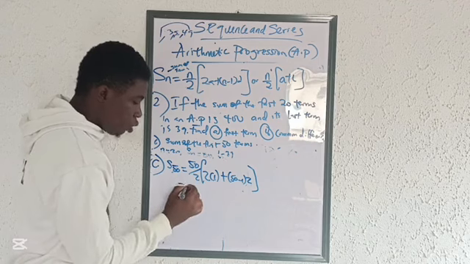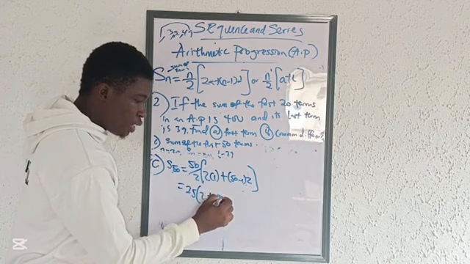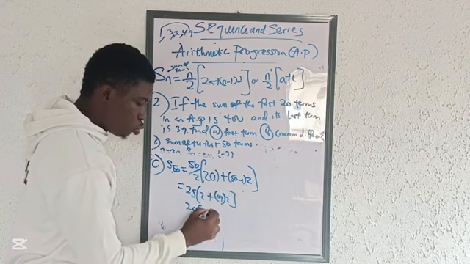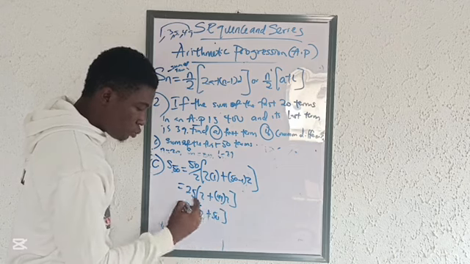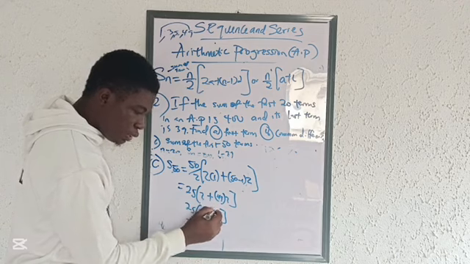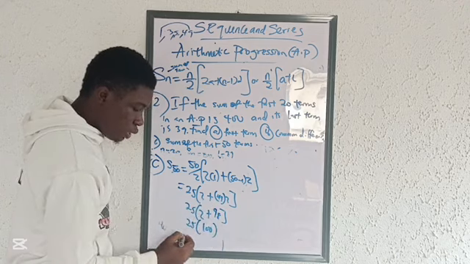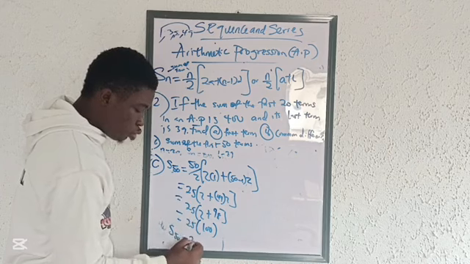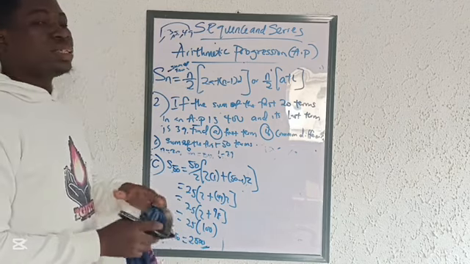So we have 25 times 2 plus 49 times 2, right? 25 times 2 plus 98, that is 25 times 100, 2500. So our S50 is 2500.